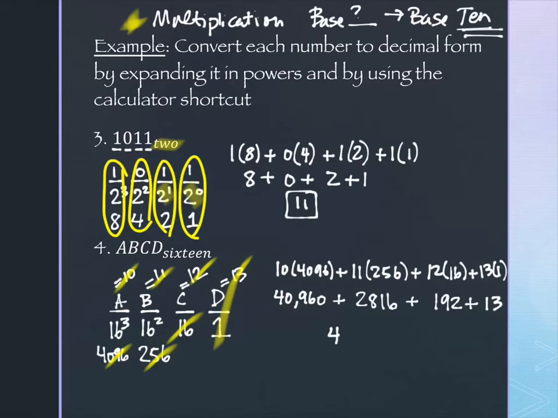We get the number 43,981. My preference is this method because it's expanded form, like we talked about in section 4.3, for base 16. Or expanded form on number 3 for base 2. I like that method because it feels more like the things that we've done in the other sections.